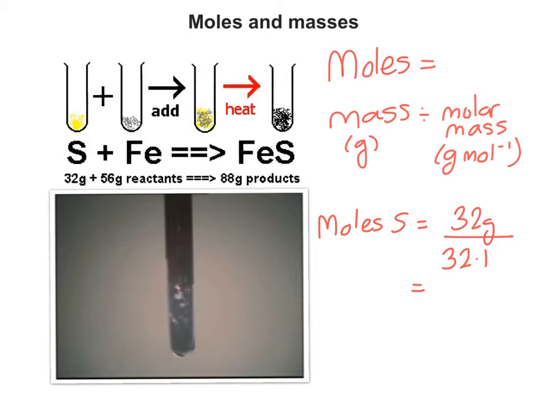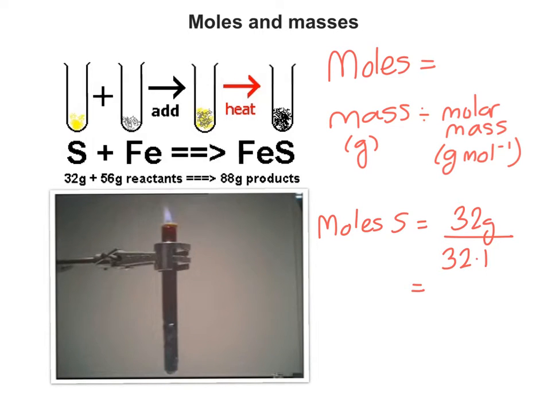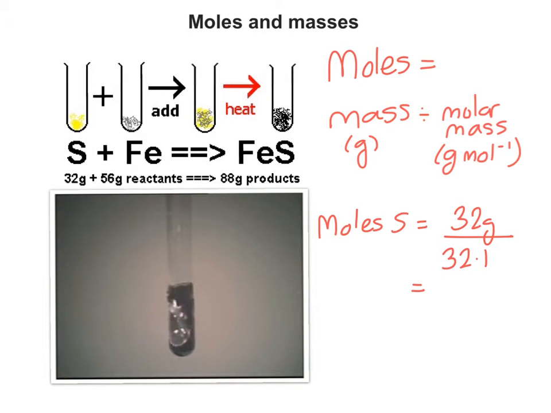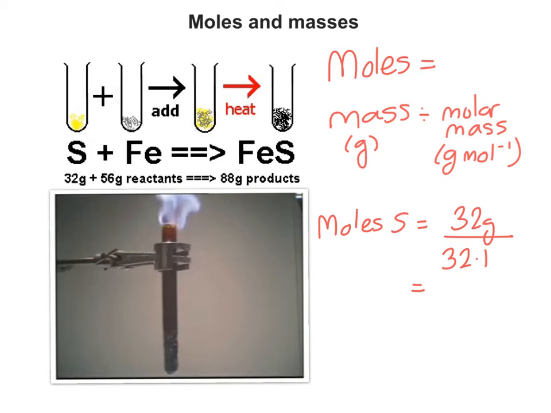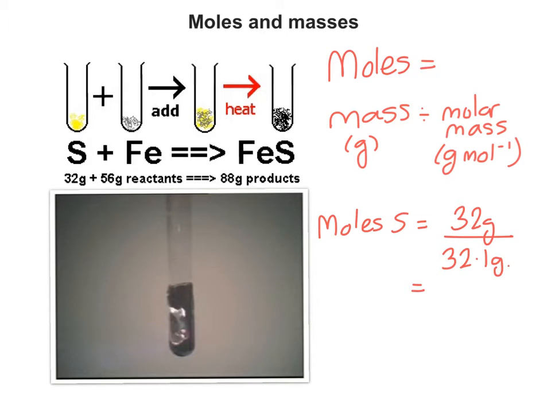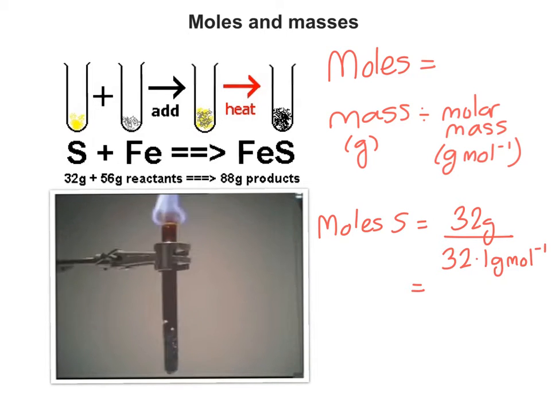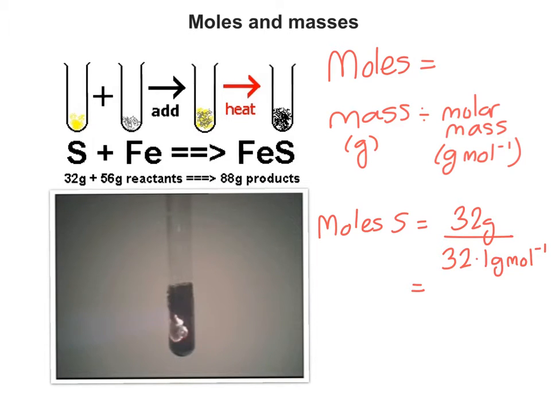So if we want to work out the moles of sulfur, we take our 32 grams of sulfur and divide it by 32.1. That 32.1 comes from the periodic table and is the molar mass, or the mass number, for sulfur. Now obviously it's going to be very close to 1. Notice I didn't round it up.